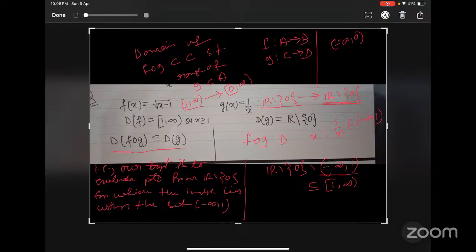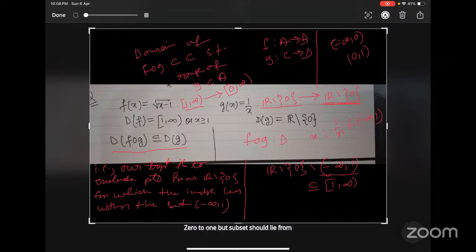Then it will be greater than 0. 0 to infinity. We have to check 0 to 1, right? 0 to 1, but the subset should lie from 1.